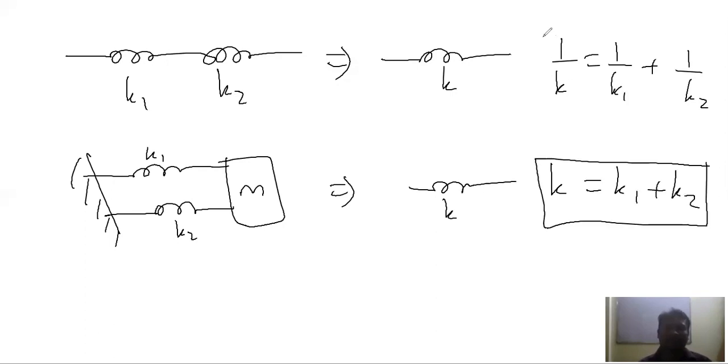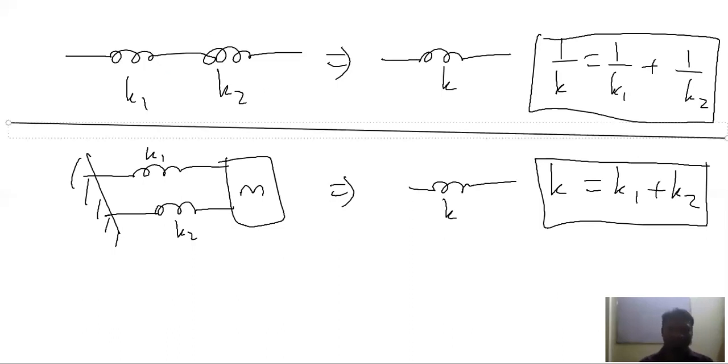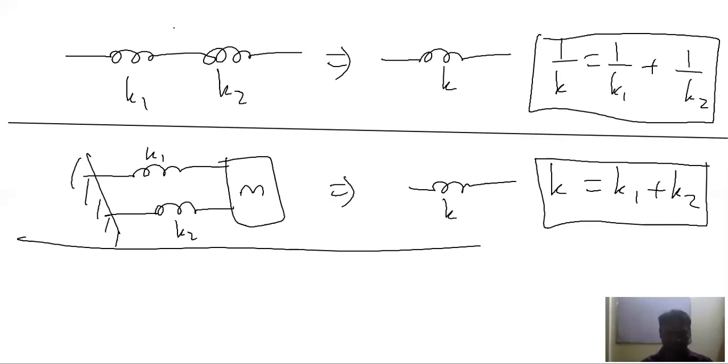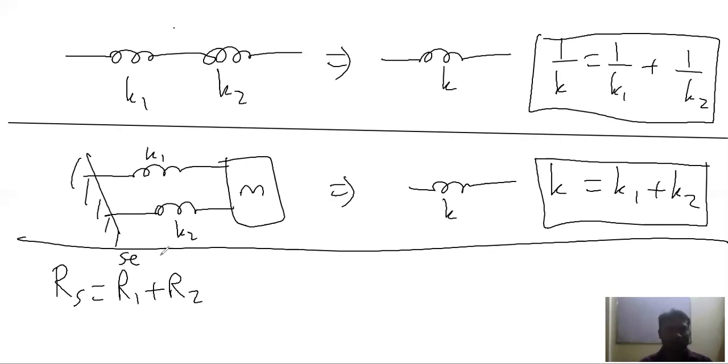This result, if you notice, is opposite to the ones for resistances which we studied. So if you remember, for resistances in series, we have R equivalent is R1 plus R2. This is for resistances in series. For resistances in parallel, we have 1 upon R equivalent is equal to 1 upon R1 plus 1 upon R2.